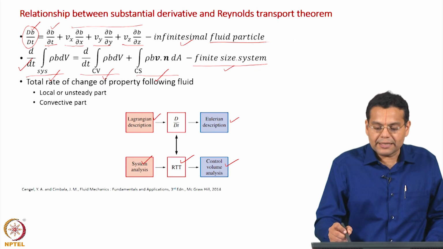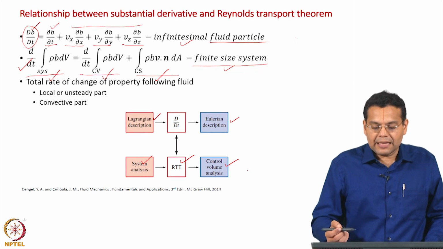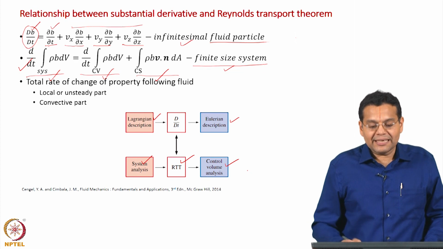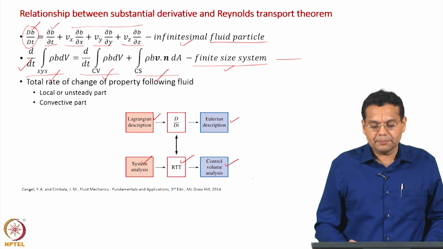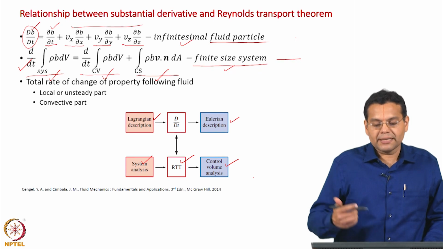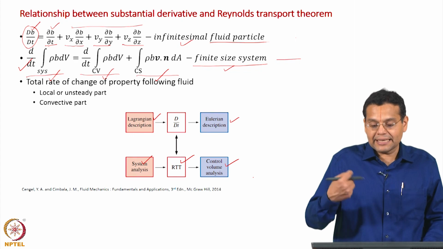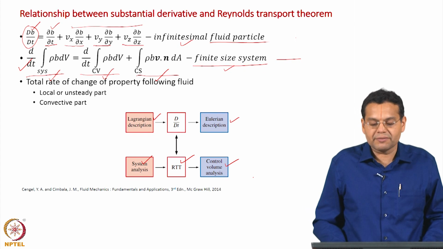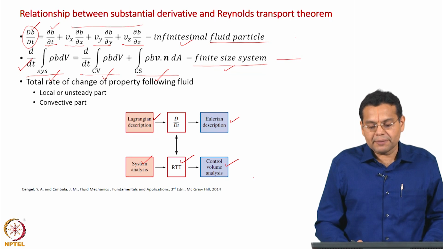So, while d by dt is for an infinitesimal fluid particle, the corresponding integral representation is the Reynolds transport theorem for a finite size system. So, d by dt is for infinitesimal fluid particle. To use a formal word, whenever we say integral, it is for a finite size. So, the integral representation of d by dt is the Reynolds transport theorem.